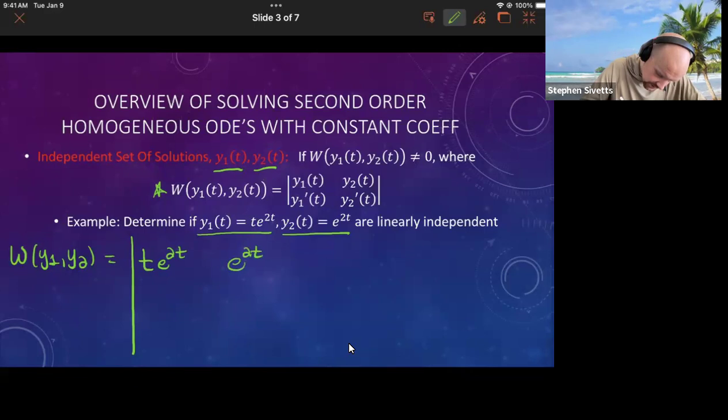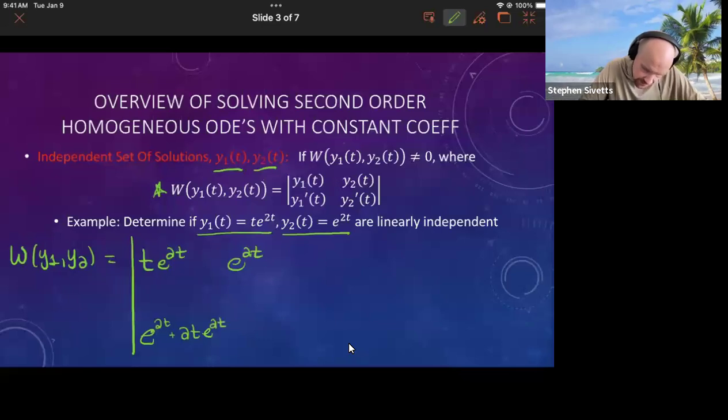This spot down here would be y1 prime of t, so we have to use the product rule. We'll have e to the 2t plus 2 times t e to the 2t. That's the product rule. And this spot right here would be 2 times e to the 2t.